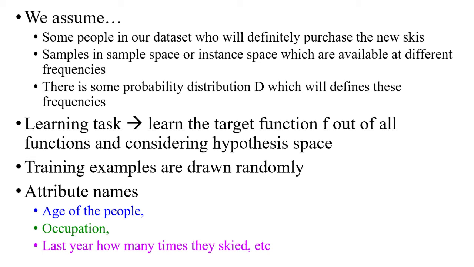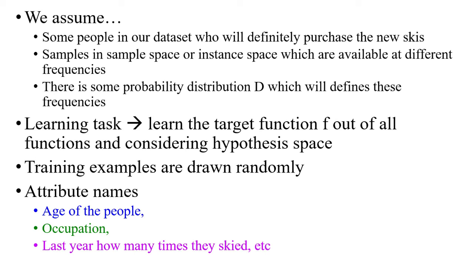As we know, any training data contains attribute names and attribute values. Values are usually numerical values. In our case, the attribute names are the age of the people, their occupation, last year how many times they skied, etc.